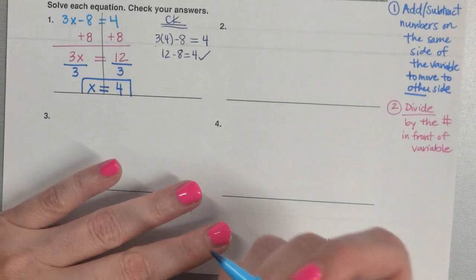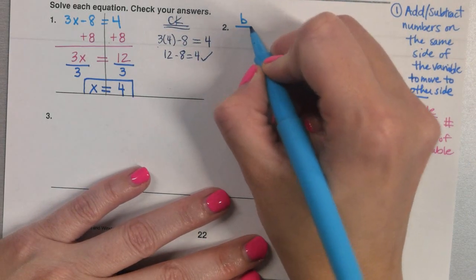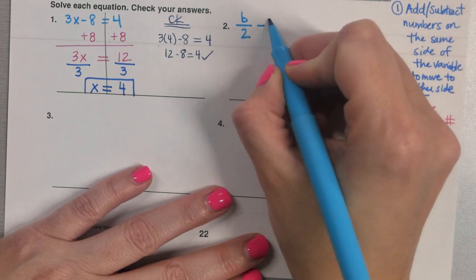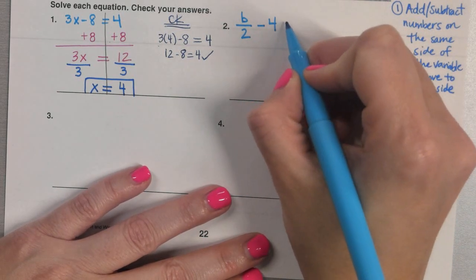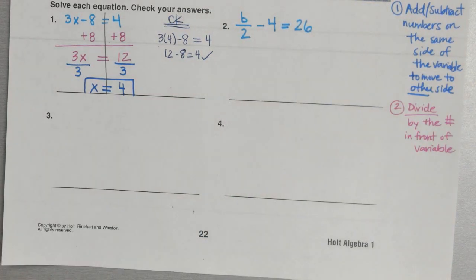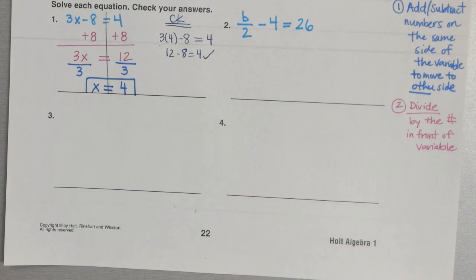All right. Now, the second one is very similar. The only difference is we're going to have some division in here. So we have b divided by 2 minus 4 equals 26.